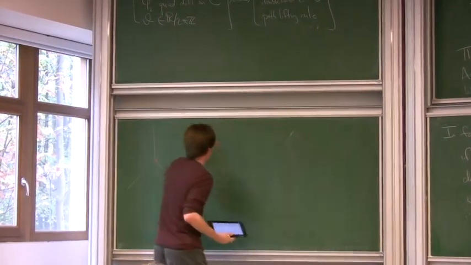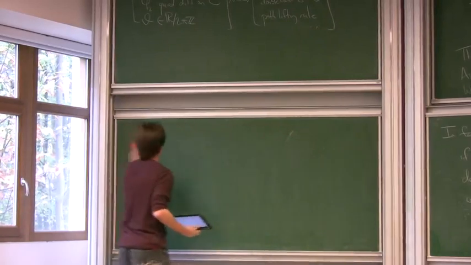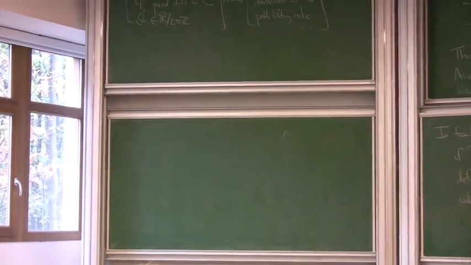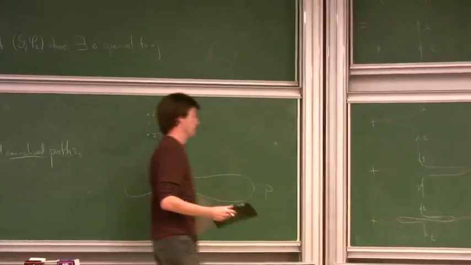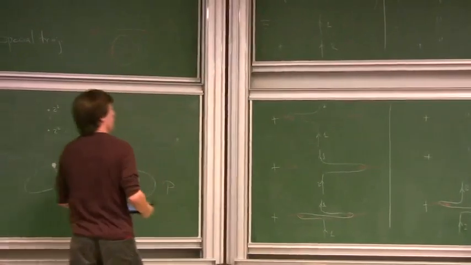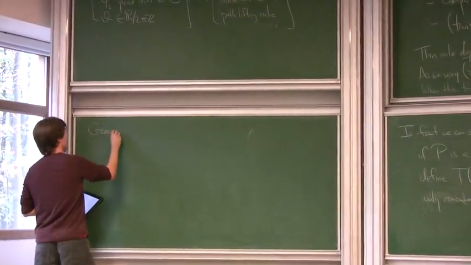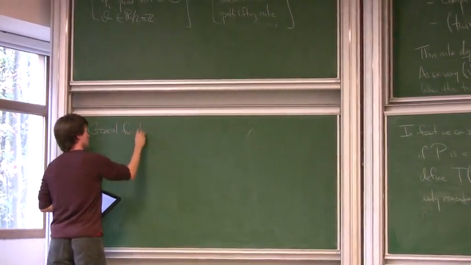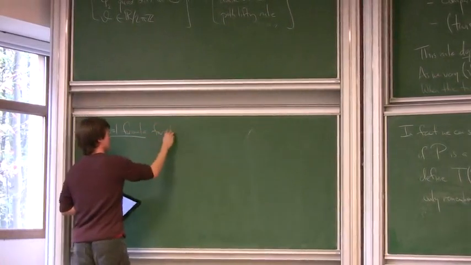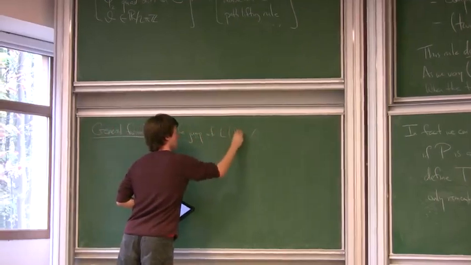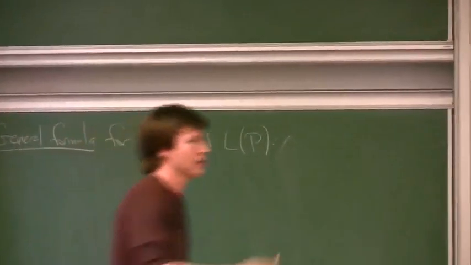I wrote something for this. Here I showed you for some particular path P. So now, a general formula for the jump of L of P. Well, there's some critical locus where the action is happening.